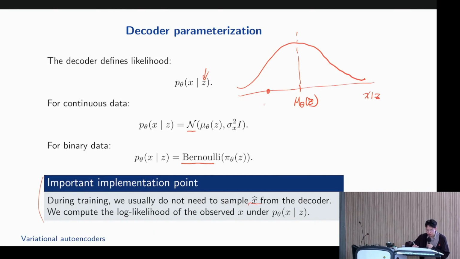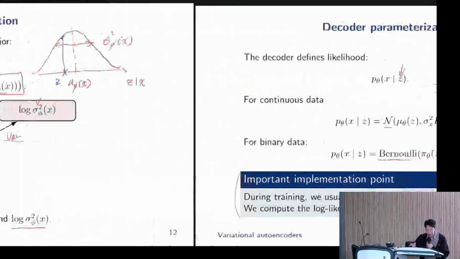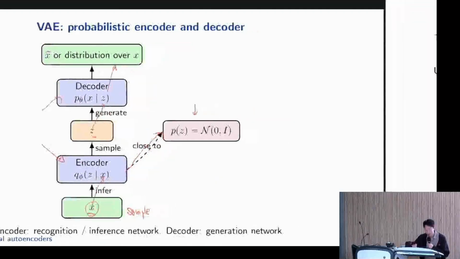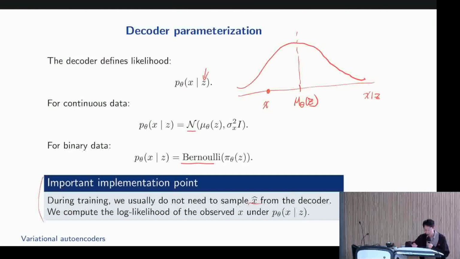That's the input x that was fed all the way back into the encoder. We take this, evaluate its likelihood. That's what this term means. We want this to go as high as possible.